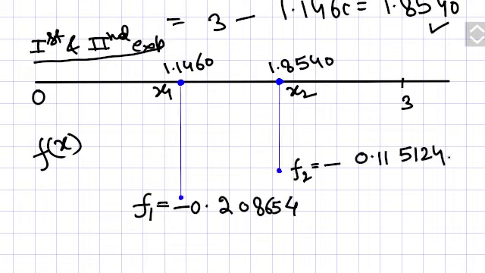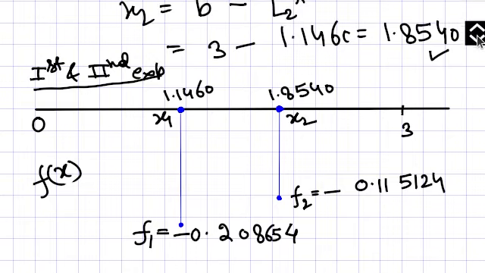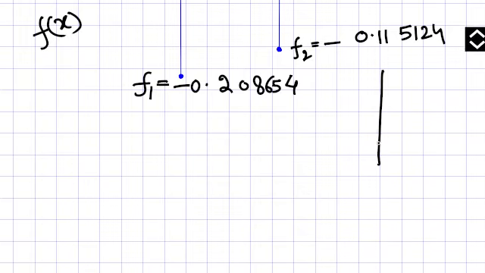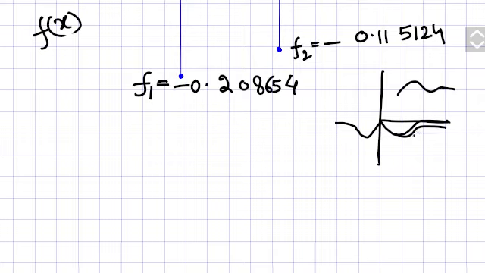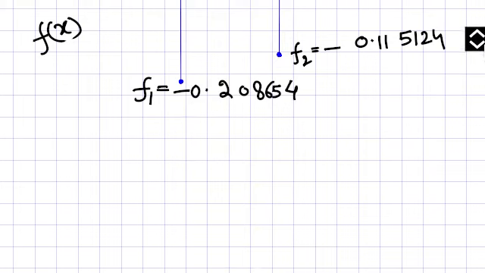Okay, so I have written the values of the function calculated at these points. It is negative, so this is coming in the negative quadrant, but if it was positive then it would come like this here. But the function is like this, as you saw yesterday, so that's why it is coming in the negative quadrant. So you don't get confused by that thing. The function value is negative.